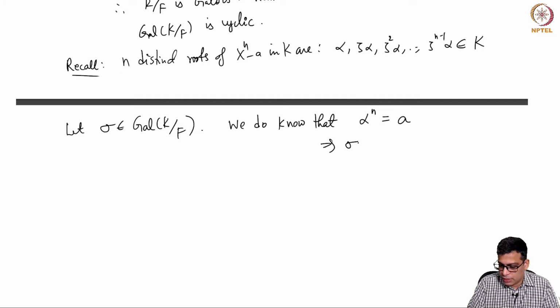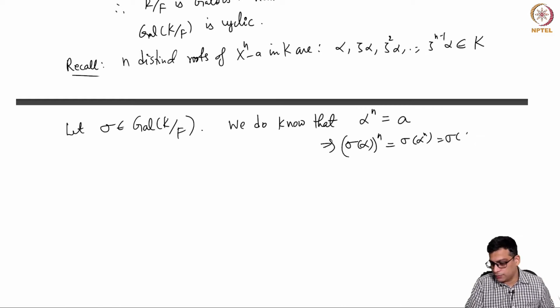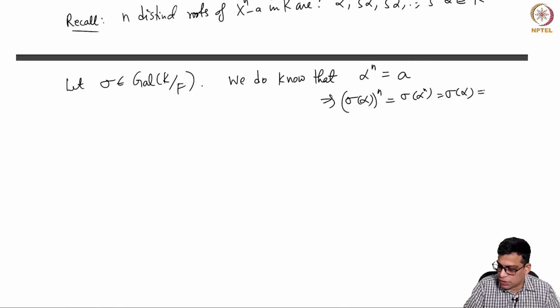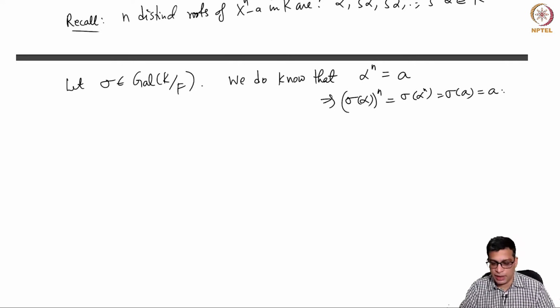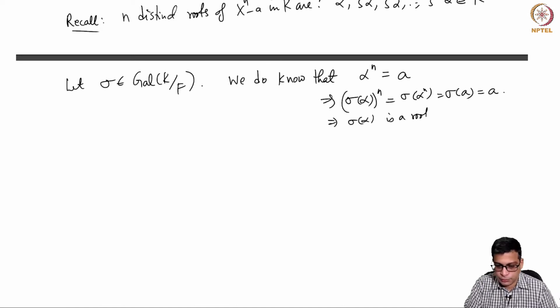So, this means sigma of alpha to the n is sigma alpha to the n, which is sigma of a, which is a, because a is in the base field, so a is fixed. So, this means sigma alpha is a root of x to the n minus a.